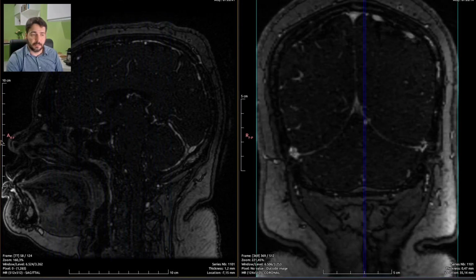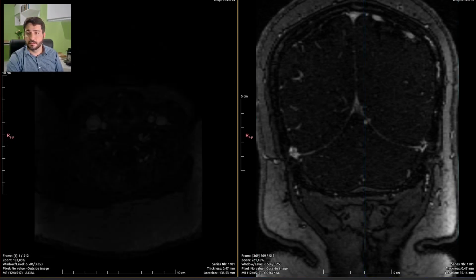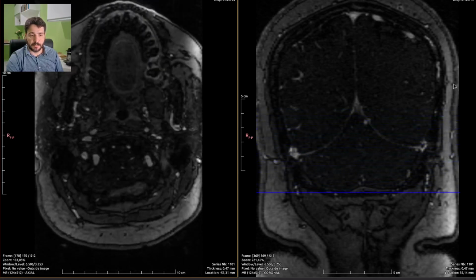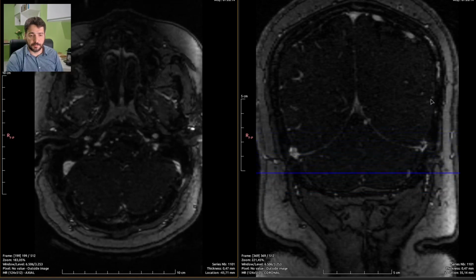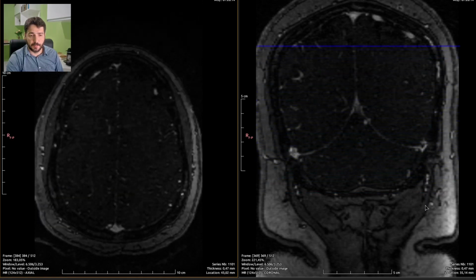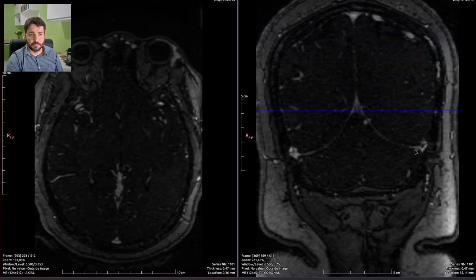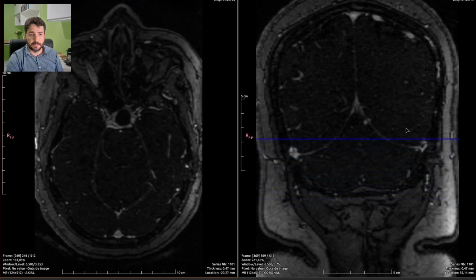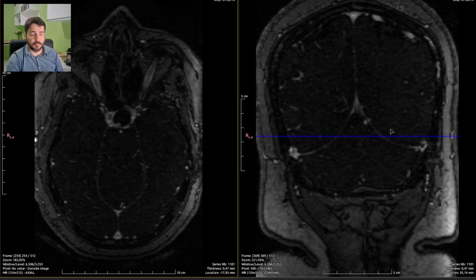There is some minor asymmetry of the sinuses. This is really common. This isn't disease. The sinuses aren't supposed to be symmetrical. They are supposed to be alike. They are similar. They are never identical. So this is a normal brain venous angiogram. So let's go for normal.